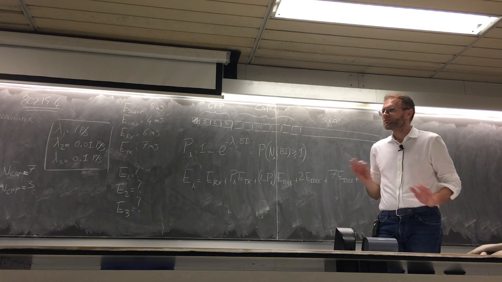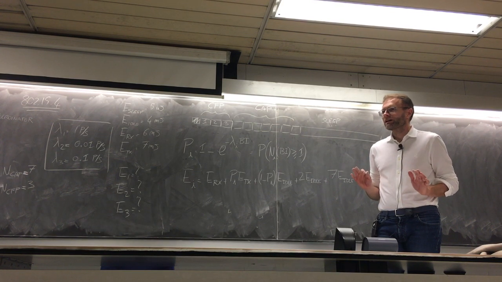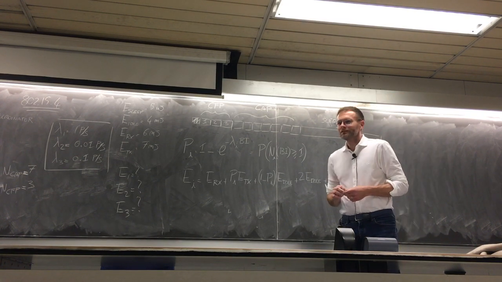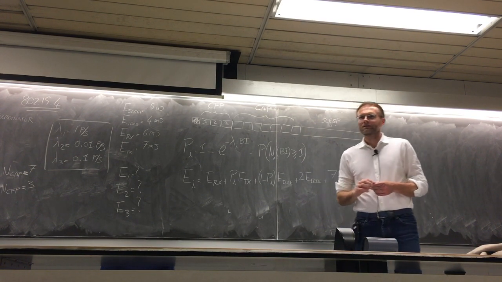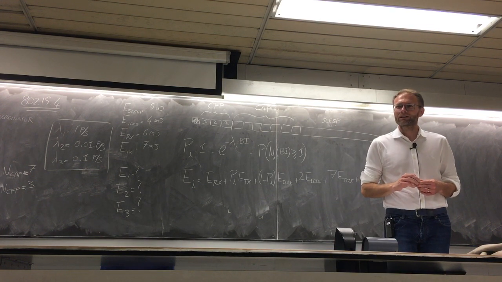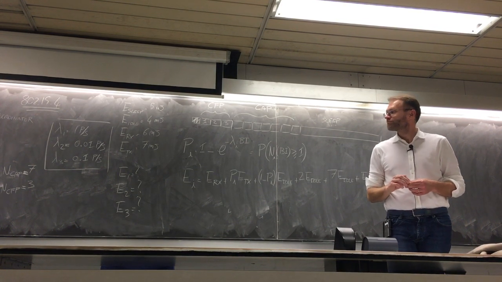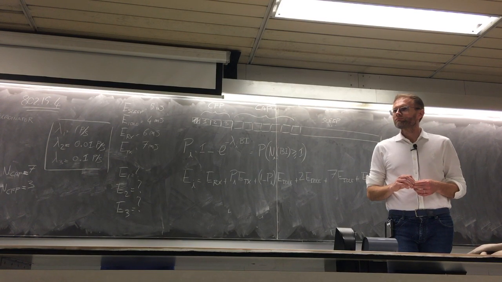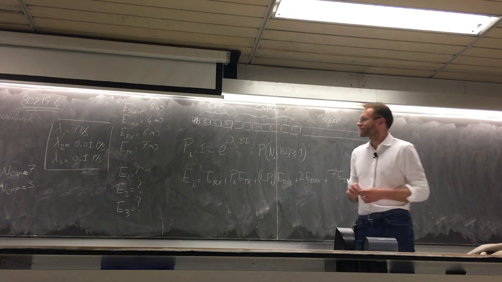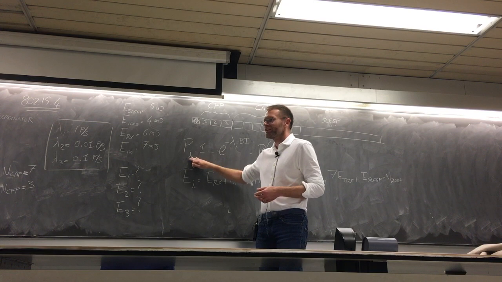It's a probability, so it's by default normalized. You want to divide this by what?